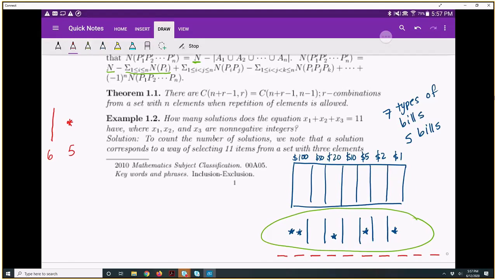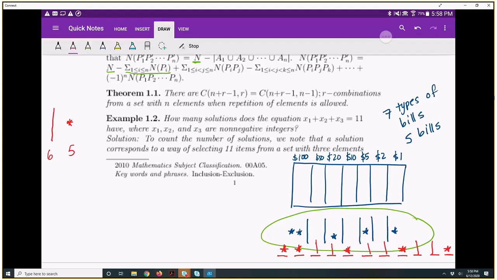So I need one more gap, one more little space. So I'm choosing 5 spaces to put my stars in, in this case, in the first space, in the second space, in the 5th space, in the 8th space, and in the last space. And then automatically all of the rest of the spaces get filled by these bars.